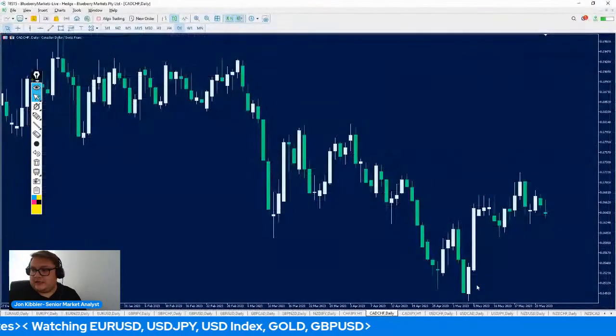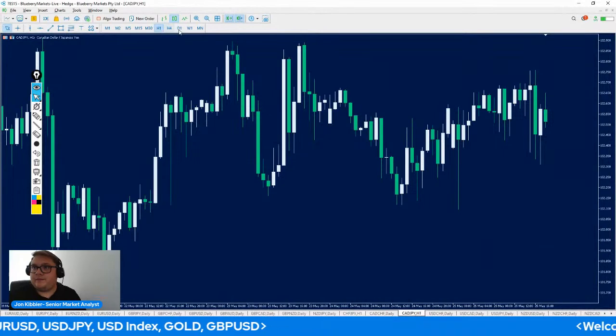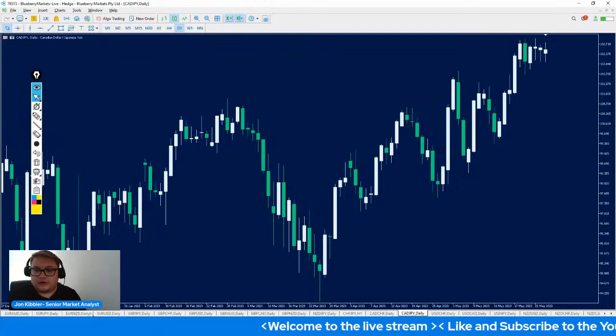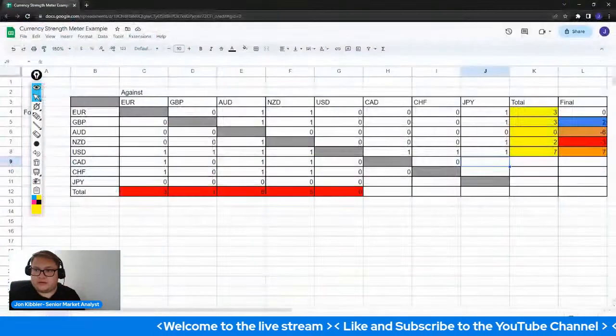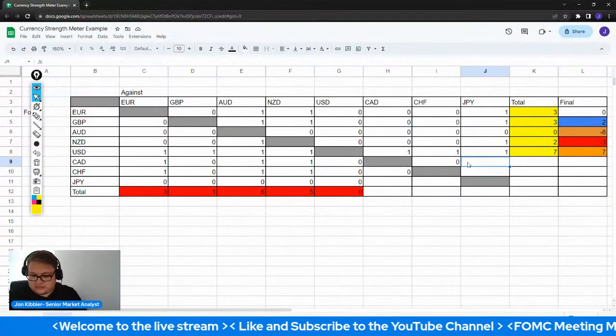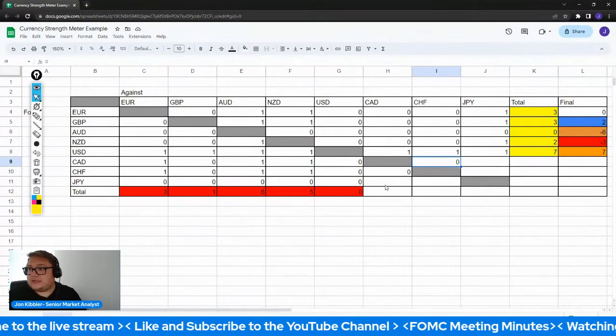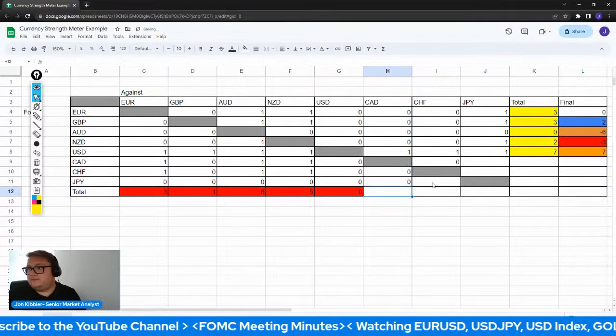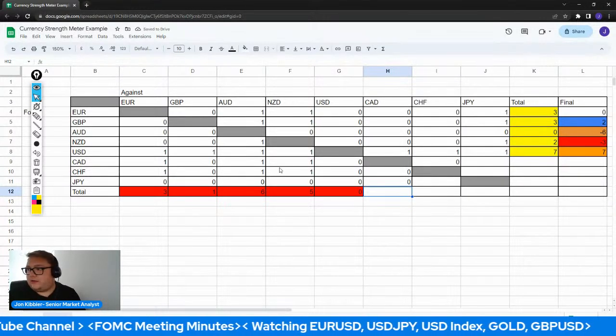And then finally, CAD yen. That's an upward trend to me. Even though we're consolidating there, we're still making higher highs and higher lows. So straight away I can say, yeah, CAD yen, I'm going to score 1 to CAD, 0 to the yen. And we can add CAD up now, I think.